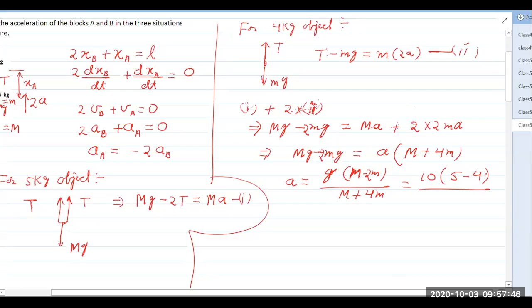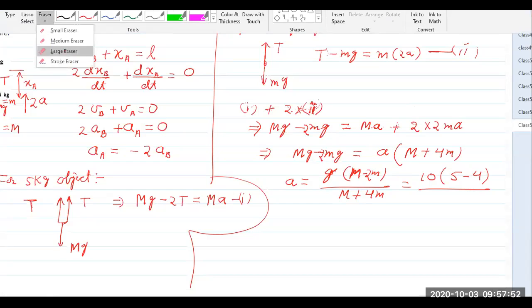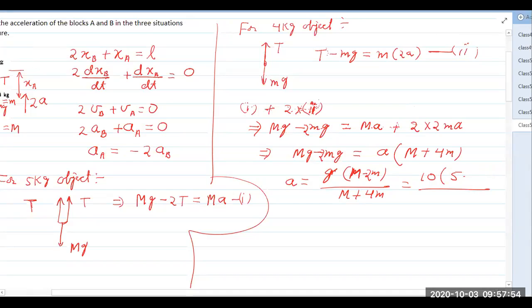So we have 10 into (5 minus 8) over (5 plus 4 times 4). That is 10 into minus 3, over 16 plus 5, which is 21. So this is minus 10 by 7 meter per second square.